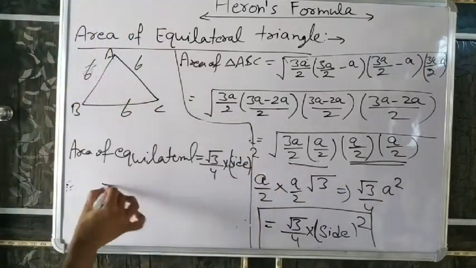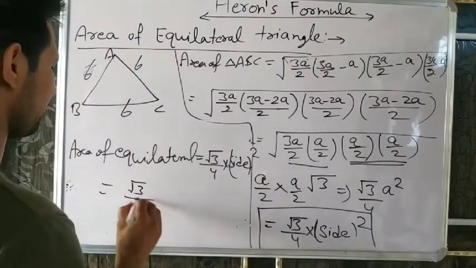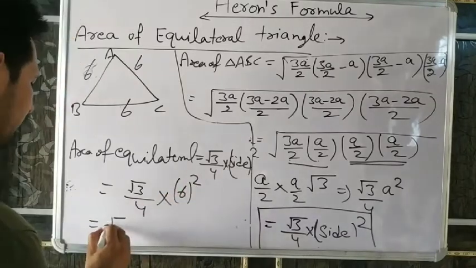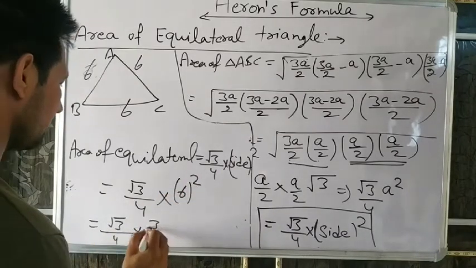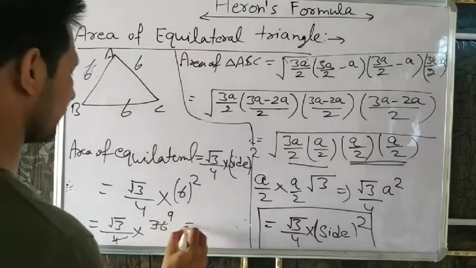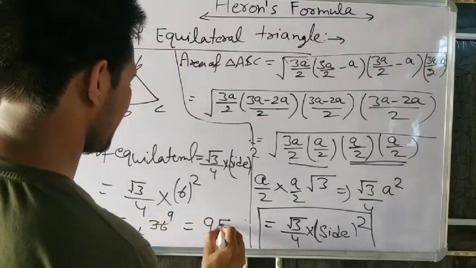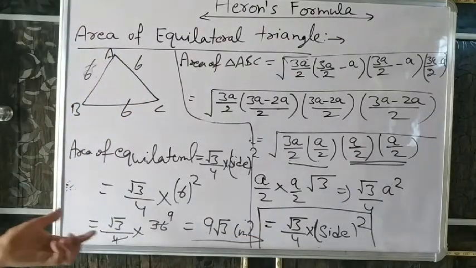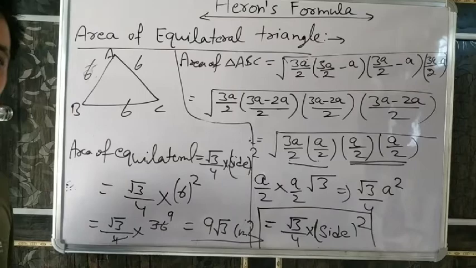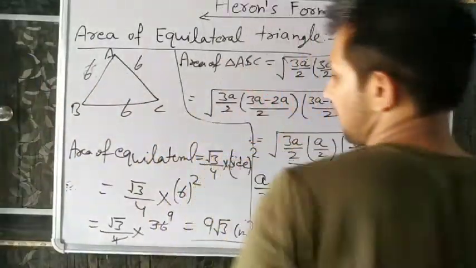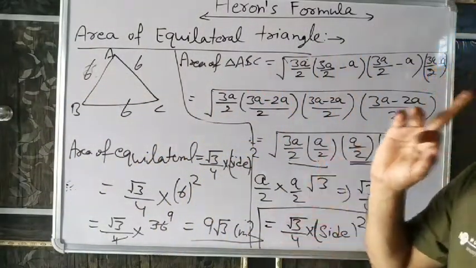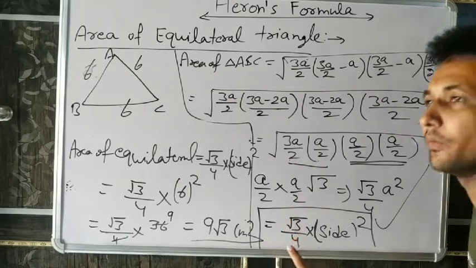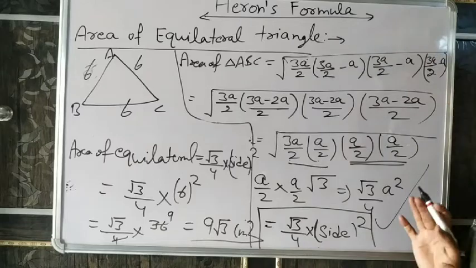First we always write the formula, then root 3 by 4 multiplied by 6 square. So root 3 upon 4, 36 divided by 4 is 9. So the answer is 9 root 3 centimeter square. Easy or not? Understand? Maybe everyone has got it. So for the area of an equilateral triangle, always remember the formula root 3 divided by 4 side square.